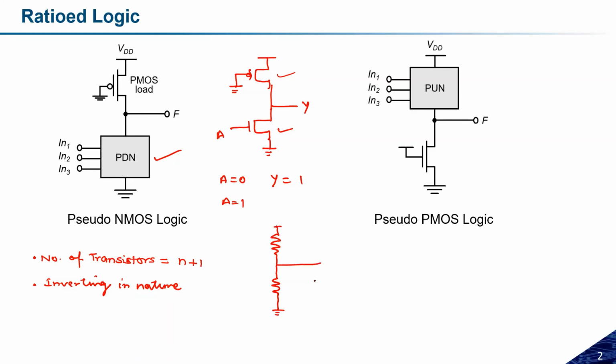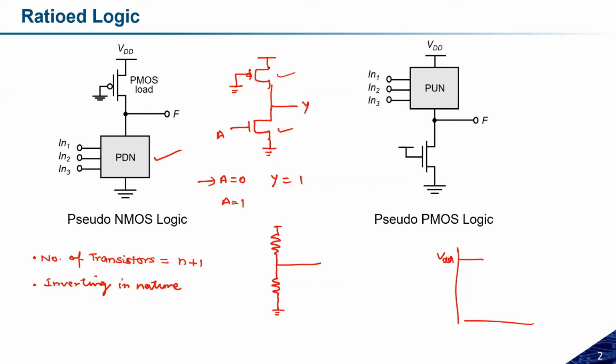So initially, if A was 0, in that case I was getting the maximum VDD. But if A is equal to 1, both the transistors are in on state, and now a voltage divider circuit will be formed.